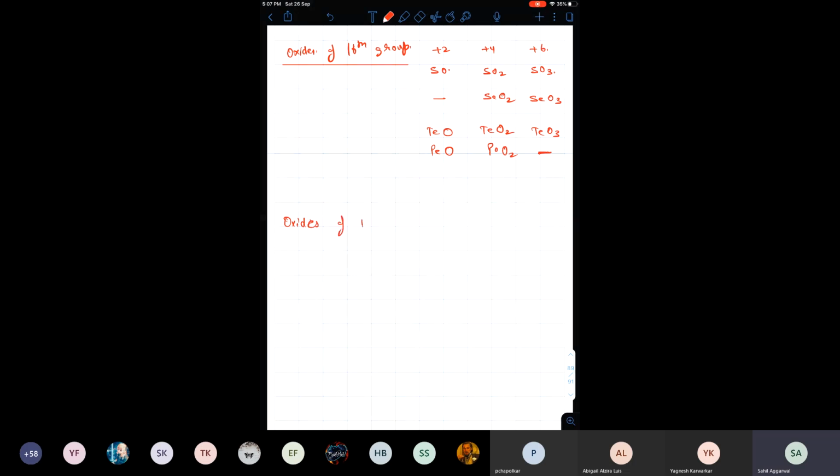Oxides of non-metals are acidic in nature.